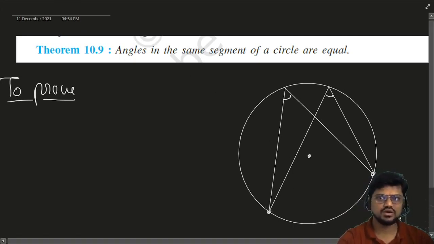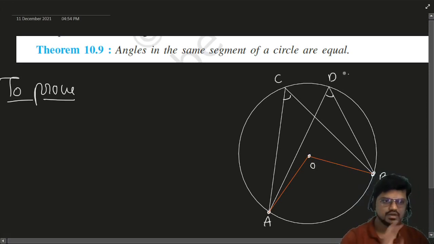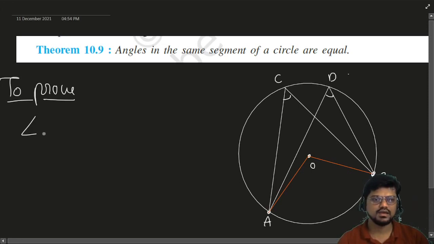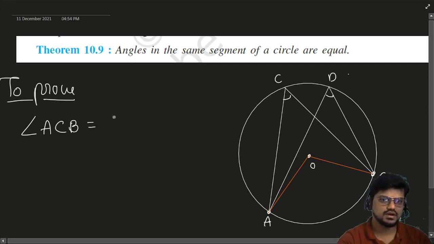If I draw a line through the center, it is based on the previous proof. If this is A, B, O, C, D, if I write this, what I have, angle ACB is half of angle AOB.